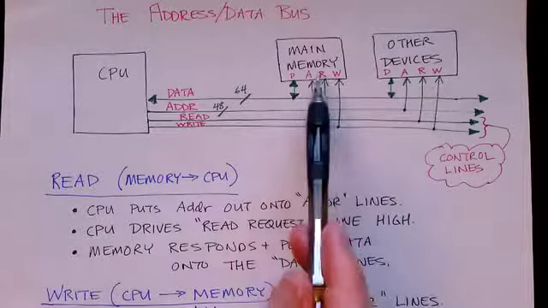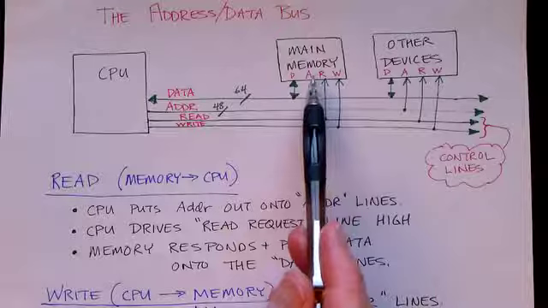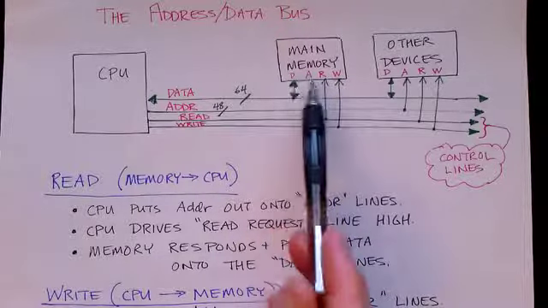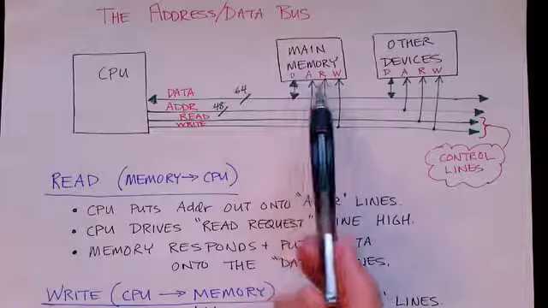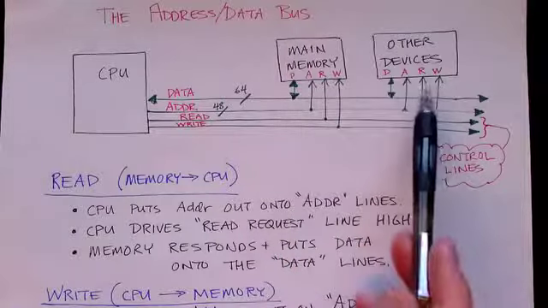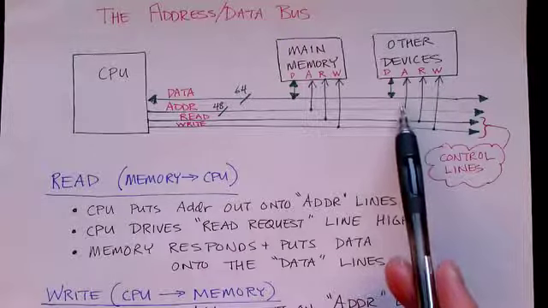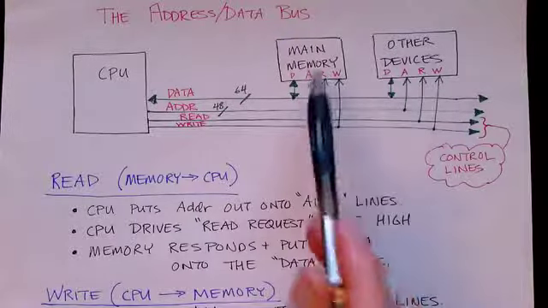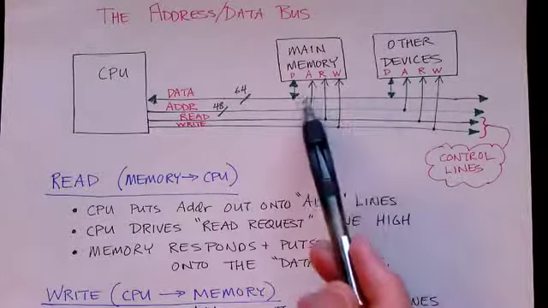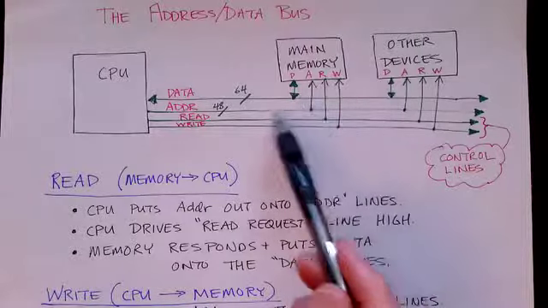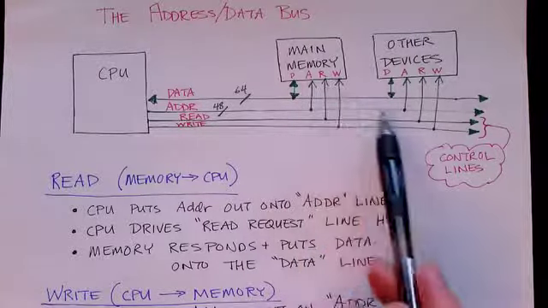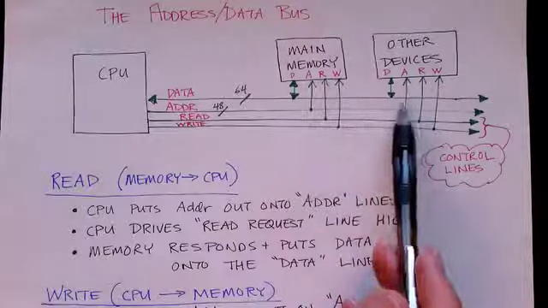Now I've shown just one memory component here on the bus, but there might be several different banks of memory. And I've also shown other devices, I/O devices, which also sit on the bus. And so all of these devices are looking at the address lines. So you can see the address lines flow into the memory and the other devices.